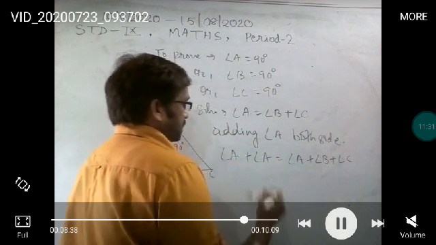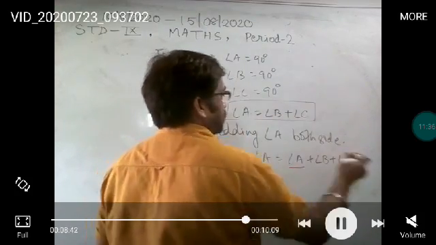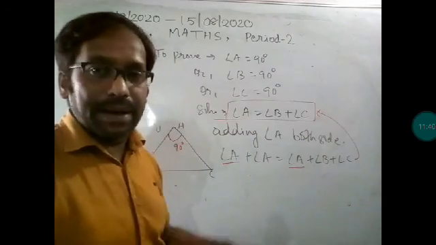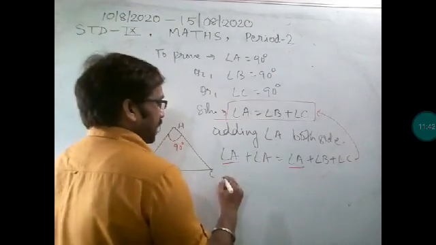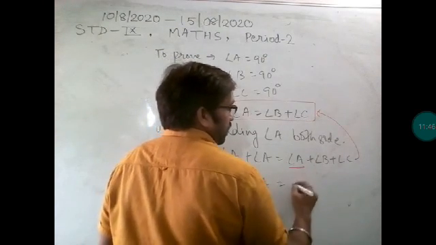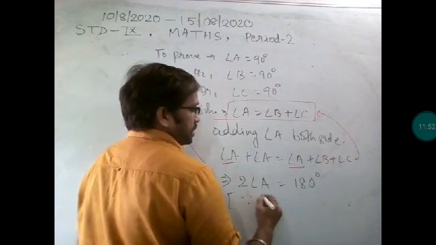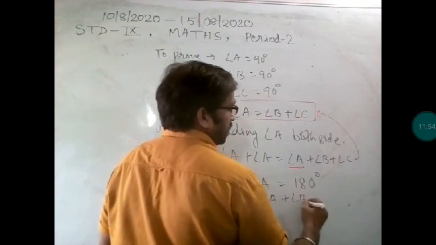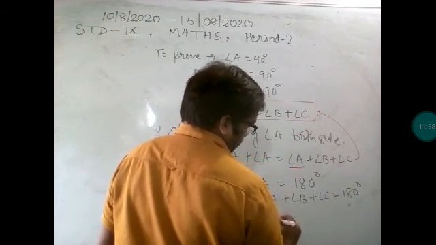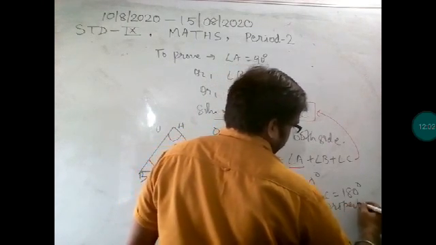Clear? So let us see what we have done here. Now I think you are realizing what you have to do. Angle A plus angle A is twice angle A, that is equal to 180 degree, because angle A plus angle B plus angle C is equal to 180 degree, the sum of all the angles of a triangle, or you may say the angle sum property of a triangle.